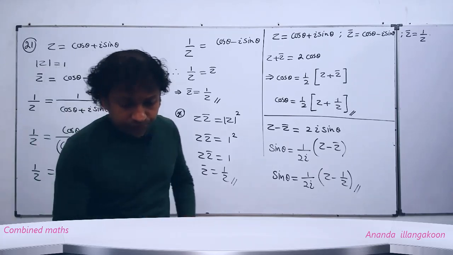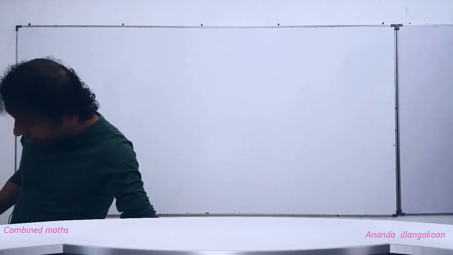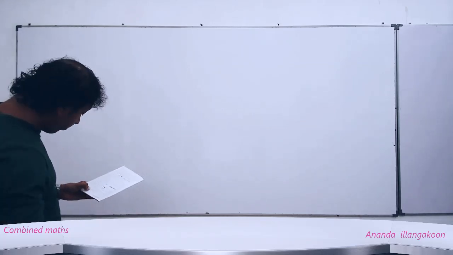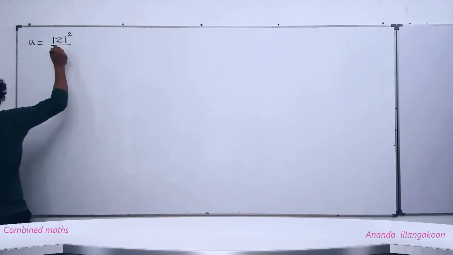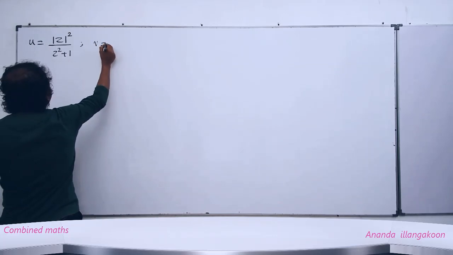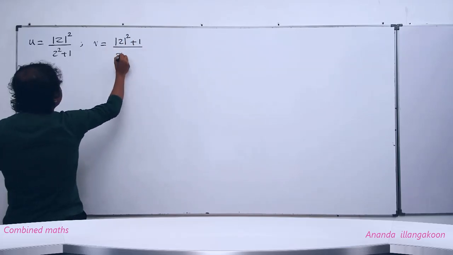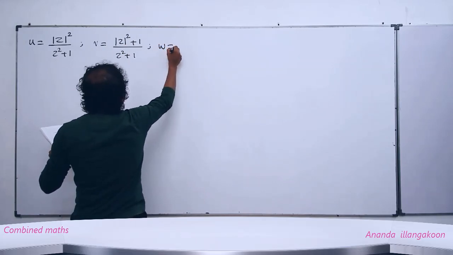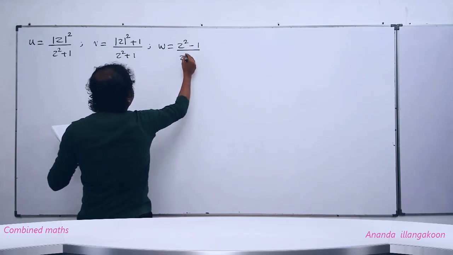You are given u equals mod z squared divided by z squared plus 1, v equals mod z squared plus 1 divided by z squared plus 1, and next one, w equals z squared plus 1 divided by z squared minus 1 times z squared plus 1.